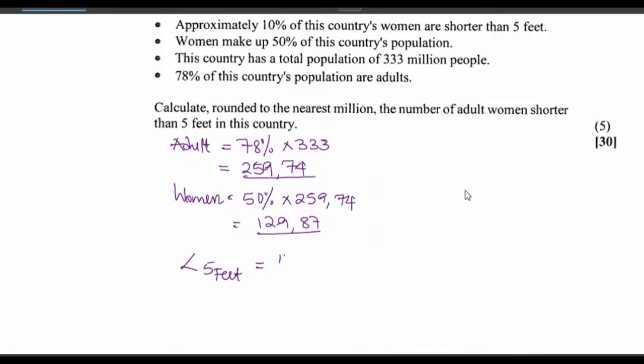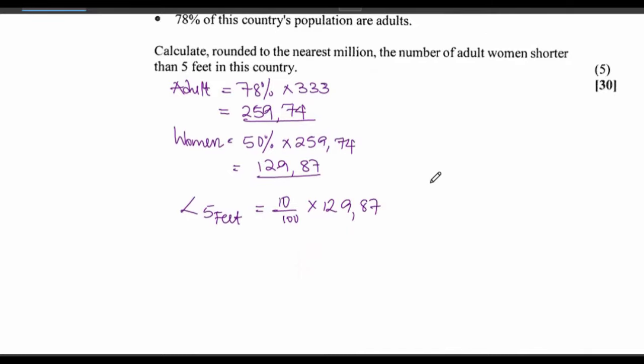So we shall say 10% times 129.87. So we end up having 12.98. But remember, they said to the nearest million, so meaning we have 13 million.